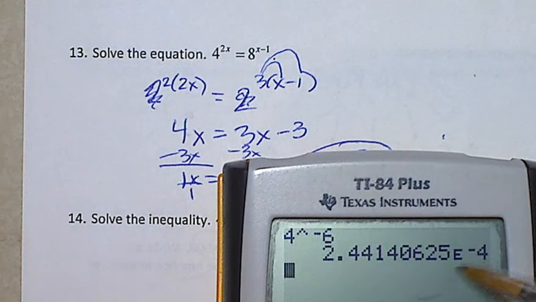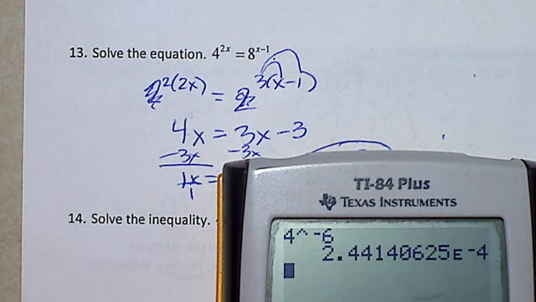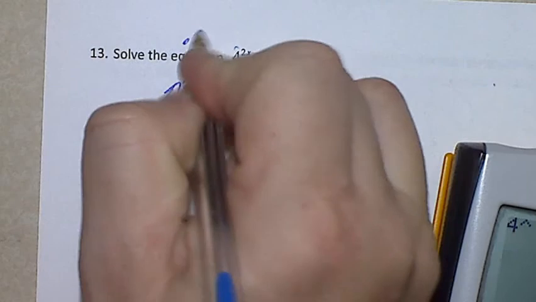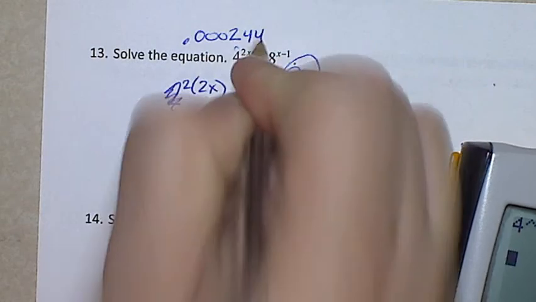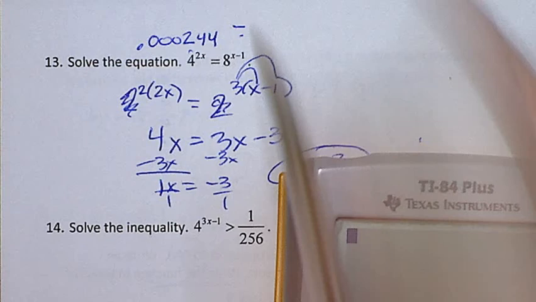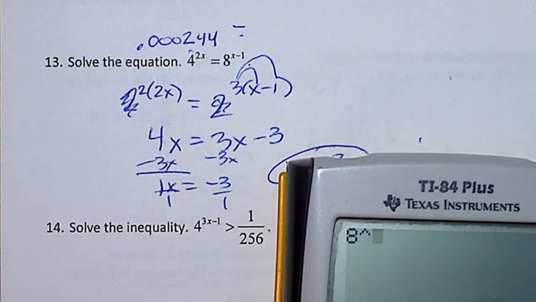It says because it's negative, I'm going to take the decimal and move it 4 places to the left. So this becomes, on the left-hand side, 0.000244 approximately, because I moved the decimal 4 places to the left. 1, 2, 3, 4. And the open positions receive zeros. On the right-hand side, 8 raised to the negative 3 minus 1.